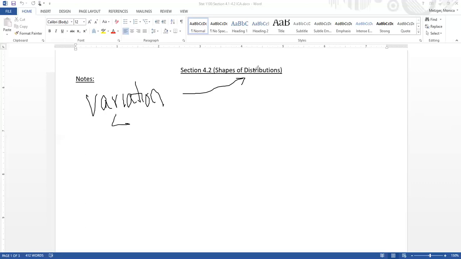What we're first talking about is how spread out, or how much variance there is in the data set.